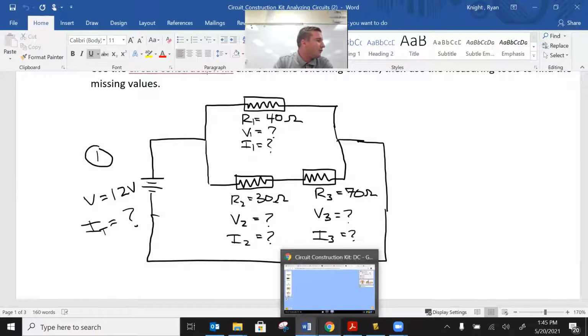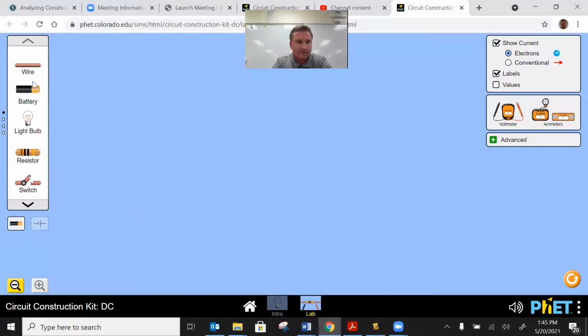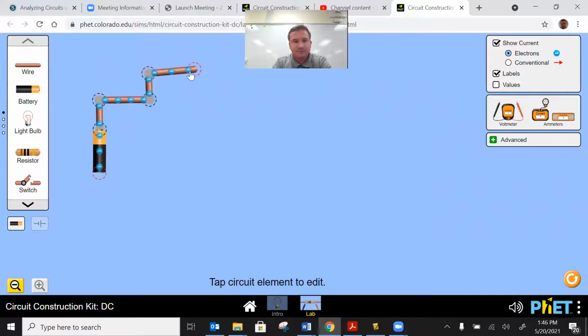So I'm going to build this circuit. Battery. And it doesn't have to look perfect, like exactly the same as what I built, but close is probably better than not as close.